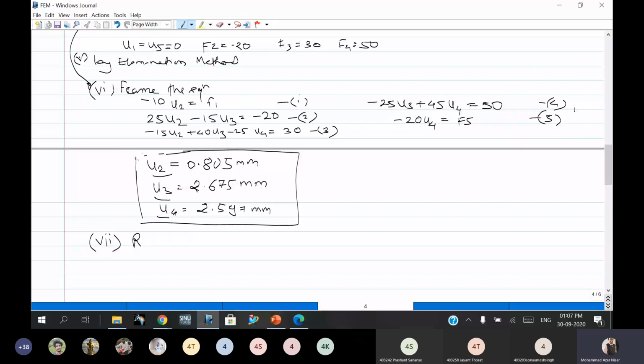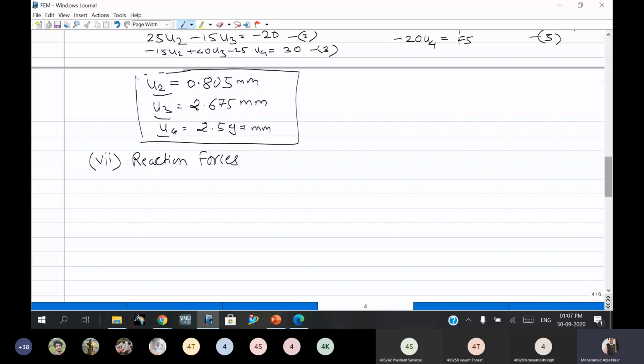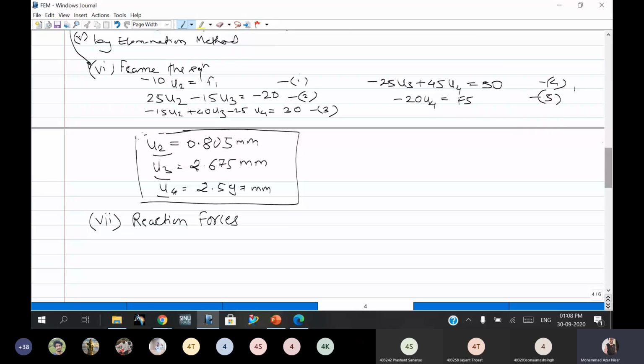What are the reaction forces acting here? For reaction forces, first you have to find the F1 and F5 values, because in this equation F1 and F5 are not yet found. For F1, you can use this simple equation, using the answers U2, U3, and U4.